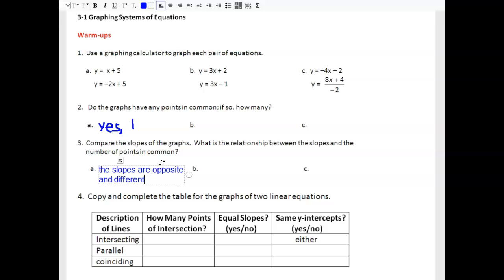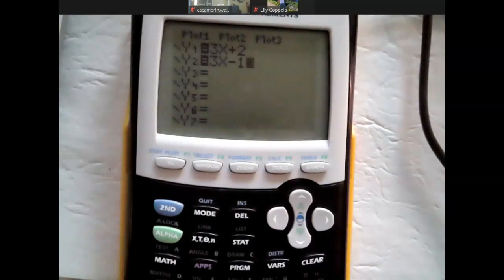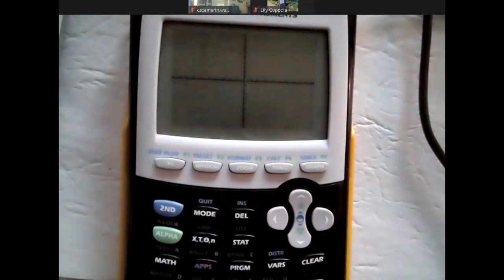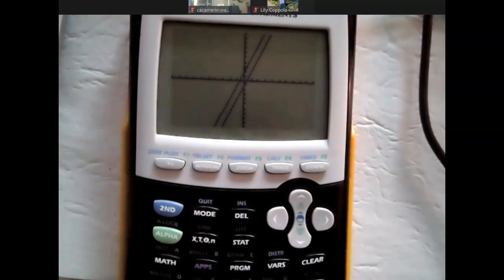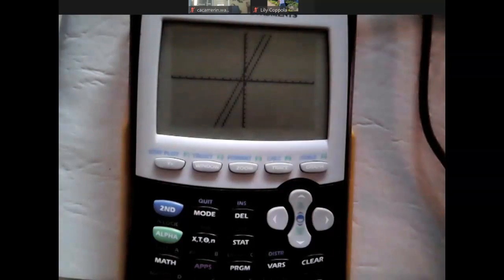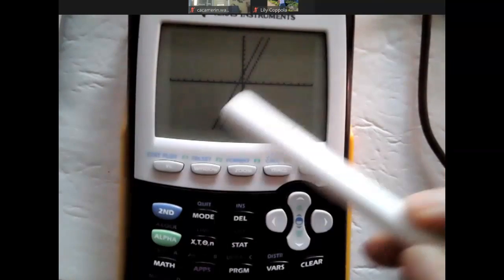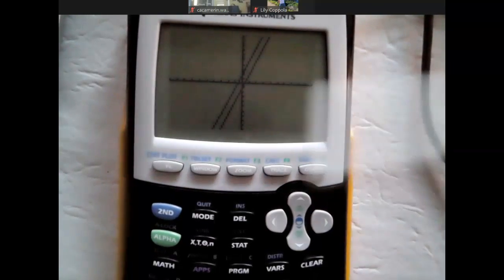Okay. So now let's go back up, and this time we're going to graph equations B. Go back to y equals. You're going to type in 3x plus 2, and you're going to type in 3x minus 1. Then you're going to graph them again. This time, what we should notice is that this line and this line never touch each other.